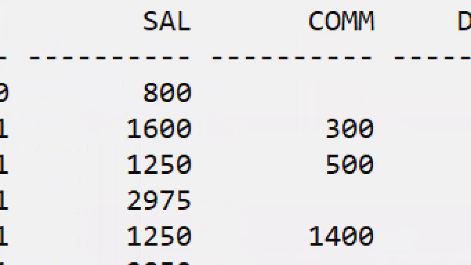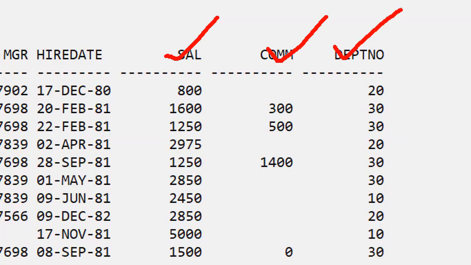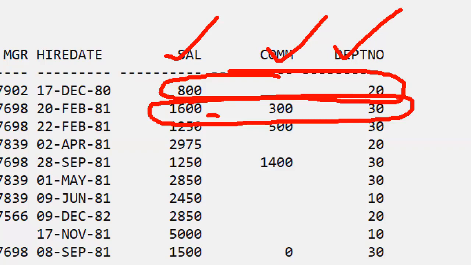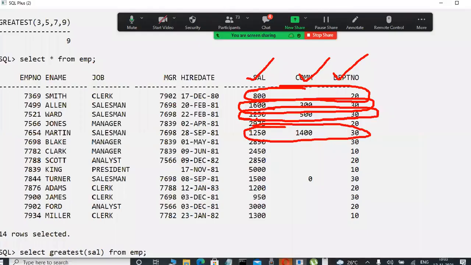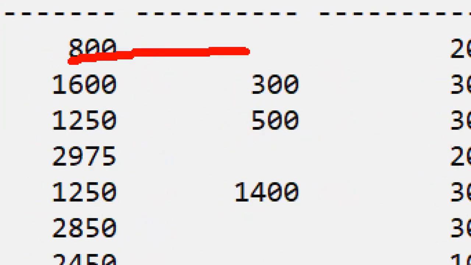Where we use greatest is when there are multiple columns. Suppose there is a salary column, commission column and department number column. I'm passing, for example, these numbers: 1600, 300 and 30; 1250, 300 and 30; 1250, 1400 and 30. Multiple values horizontally. Suppose for the not-null values, you have to check.